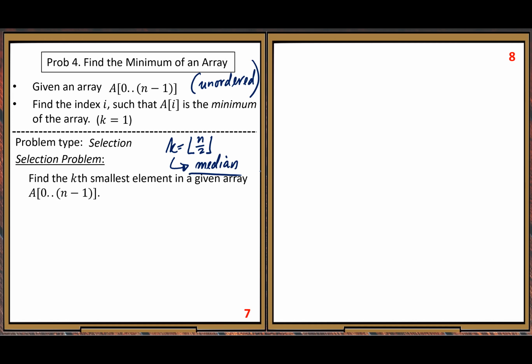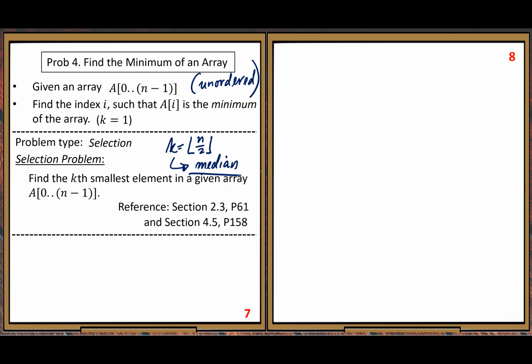Finding the median is another important selection problem. Here I give you the reference in the textbook: these two sections, 2.3 and 4.5. All right, work and analysis.